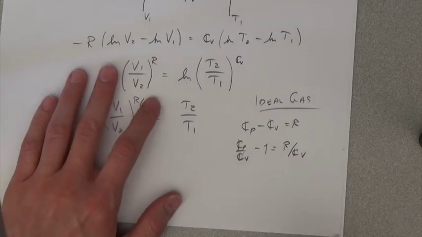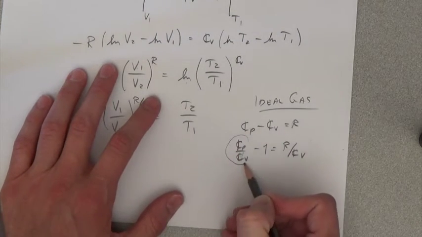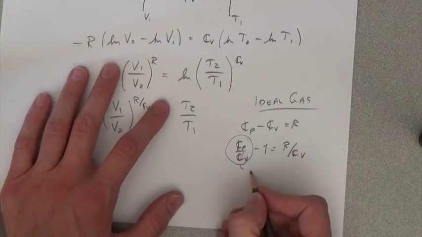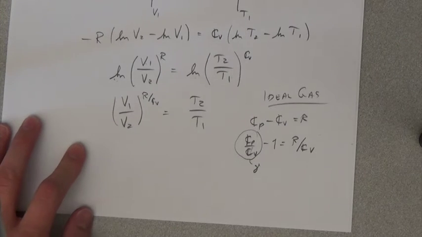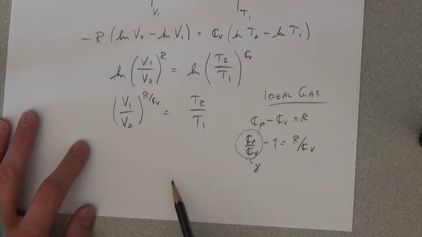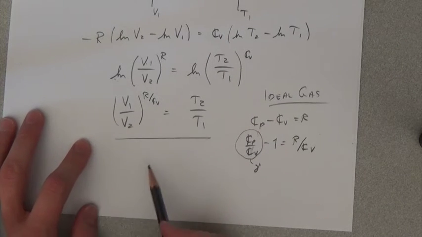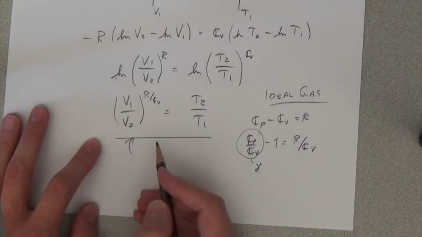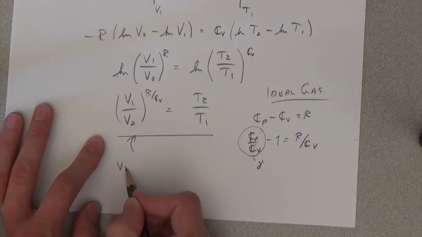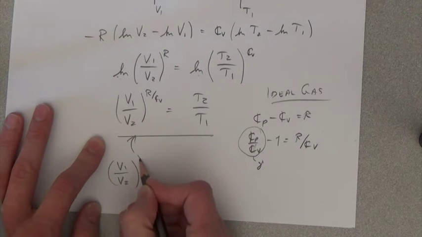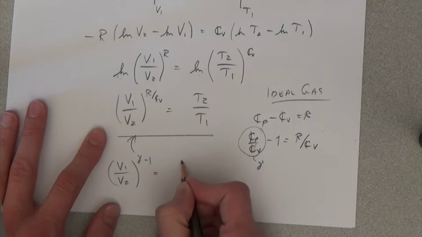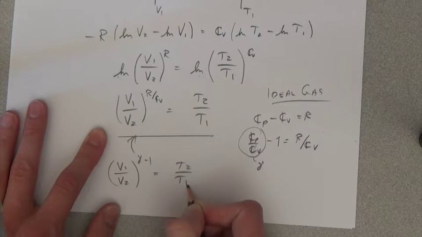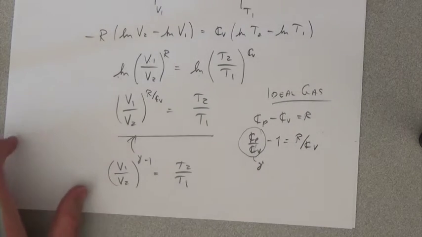And for the sake of simplifying this down, we're going to call this gamma, which means that now this can be written V1 over V2 to the gamma minus 1 is equal to T2 over T1.